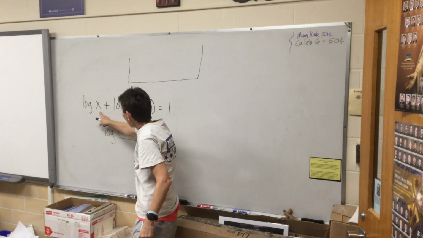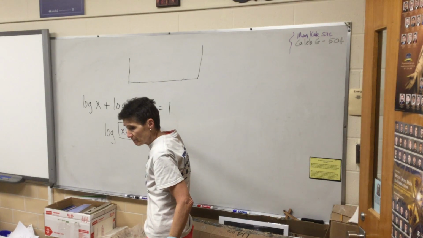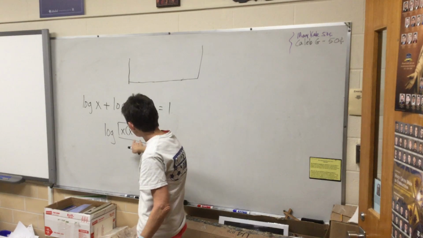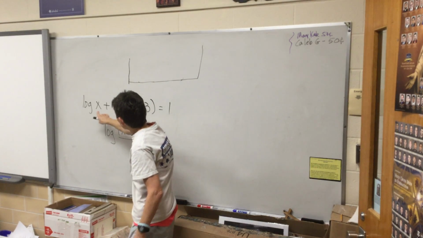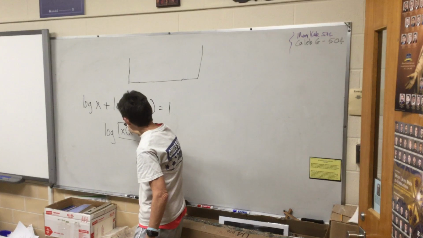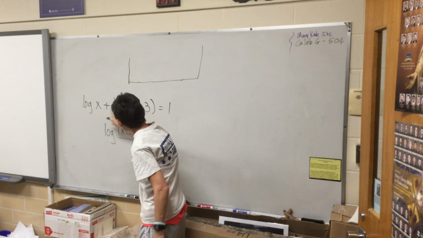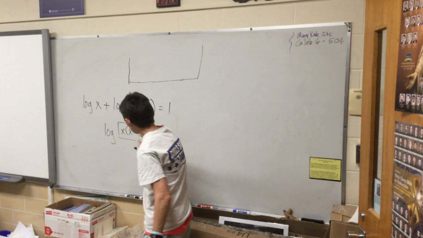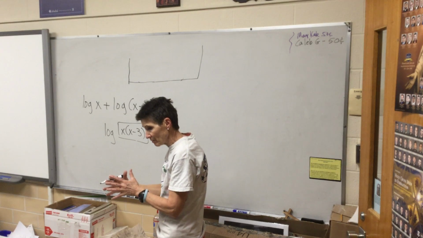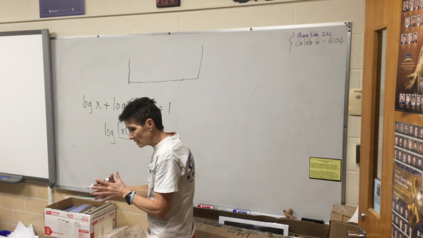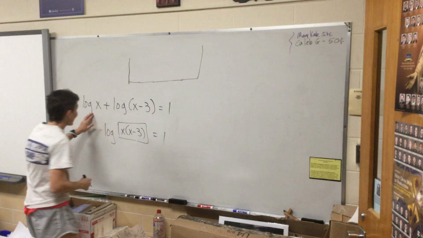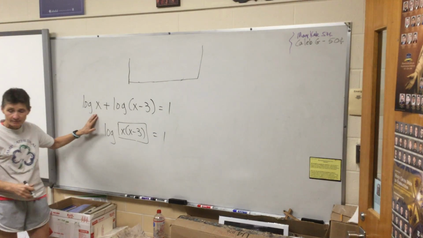When you add logarithms, the numbers are multiplied. So if I have a logarithm plus a logarithm, then the two things here are being multiplied when I put it together. You cannot have two logs.